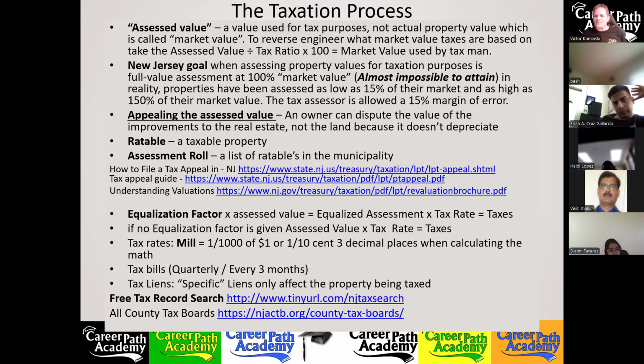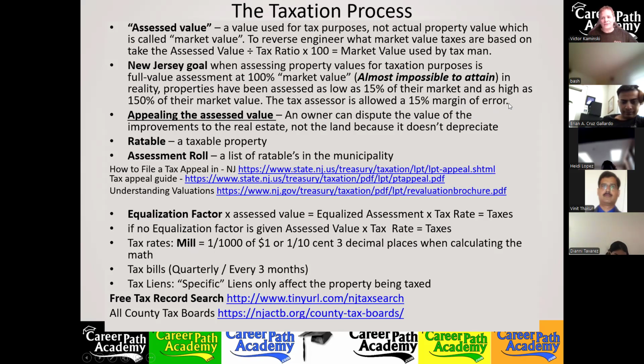They're not always over by 15%. Sometimes they're under. Like I said, sometimes properties have been assessed as low as 15% of their market value, and sometimes as high as 150% of the market value. But in any case, the tax assessor is allowed a 15% margin of error. So it balances out between all the properties. They win some and they lose some, and then it's 100% value.